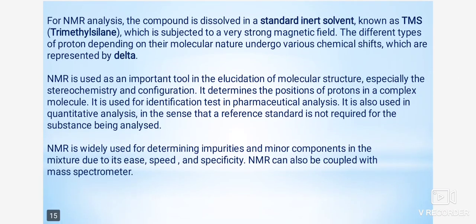For NMR analysis, the compound is dissolved in a standard inert solvent reference known as TMS, that is tetramethylsilane, and subjected to a very strong magnetic field. The different types of protons, depending on their molecular nature, undergo various chemical shifts, which are represented by delta.